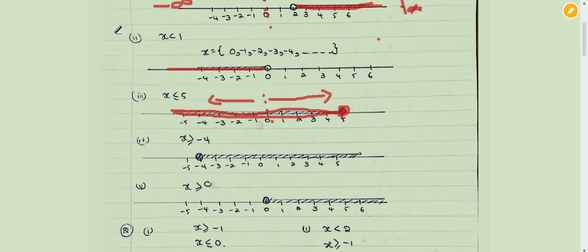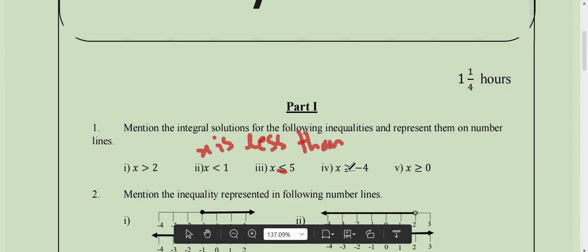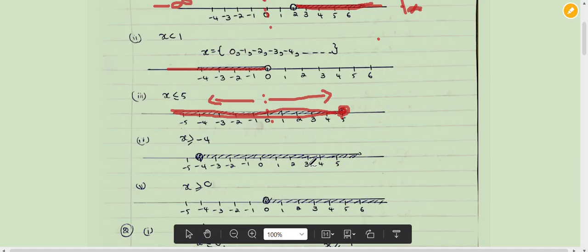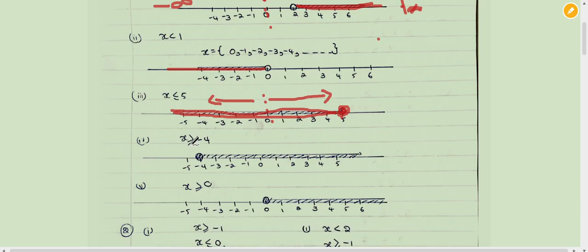Okay, and the fourth question is x is what? Greater than or equal, right? This is equal. X is greater than or equal to minus 4. How do you represent it? First, we should draw the number line, and you should observe where minus 4 is.